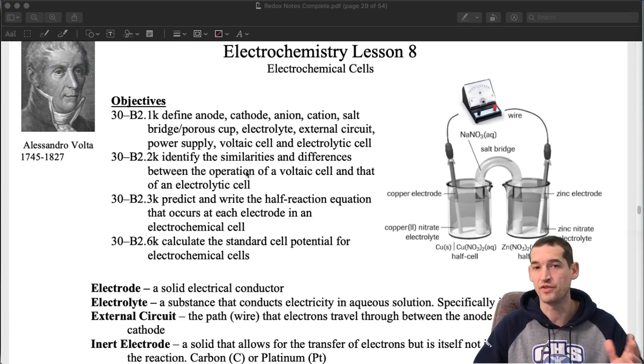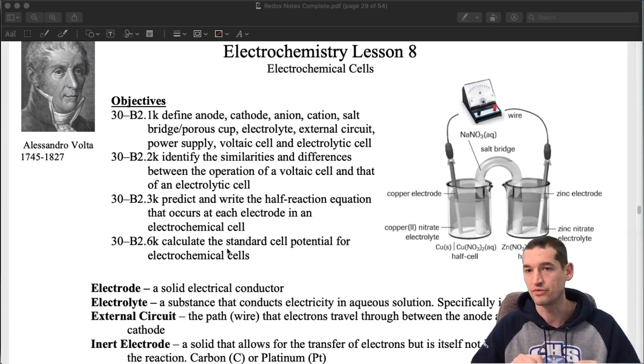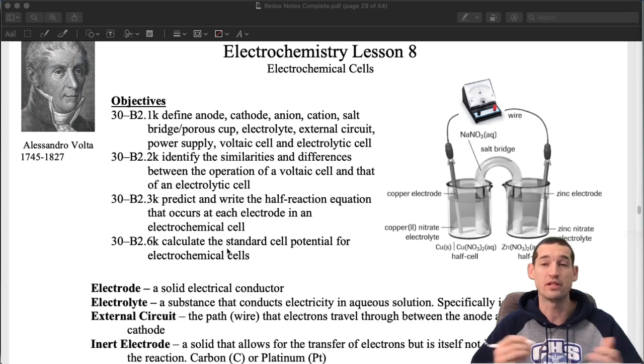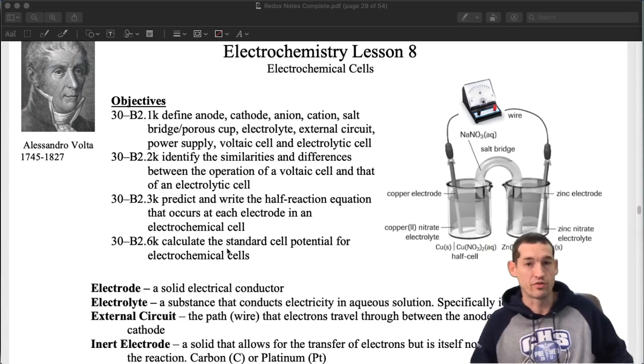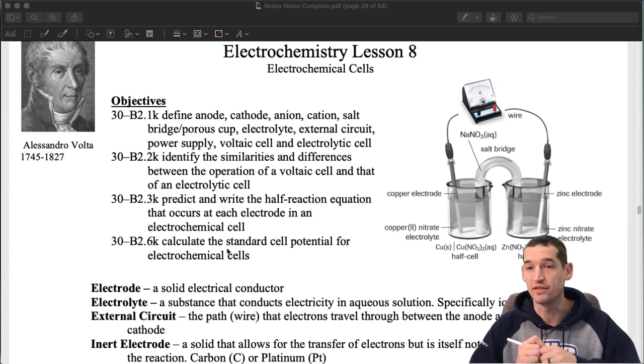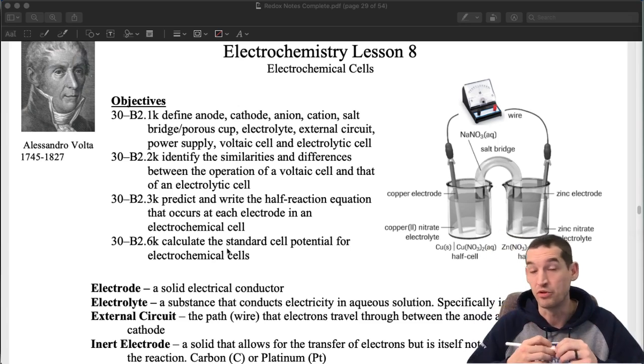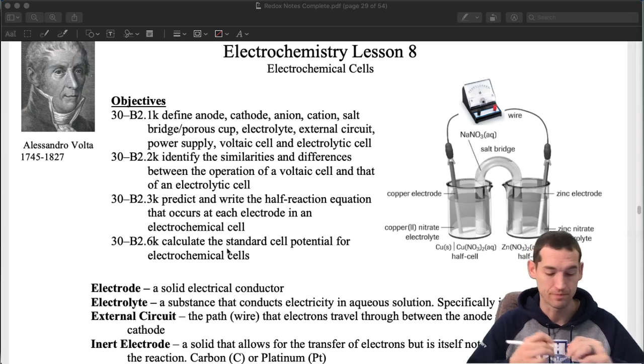You'll be able to identify the similarities and differences, predict the half reactions that occur at each electrode in an electrochemical cell, and then calculate the cell potential for each of these. I'm probably going to break this up into 4 separate videos, or at least 3, to walk you through those objectives. So each lesson maybe will be broken down similarly. Like I said, we'll just have to wait and see how this all goes.